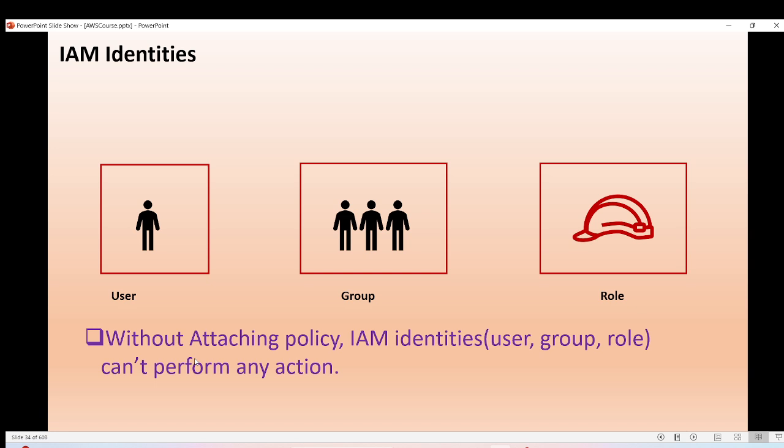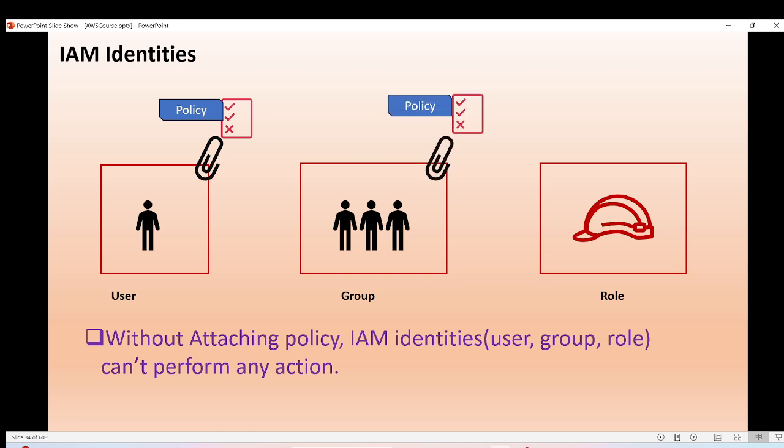Without attaching a policy, IAM identities, whether it is a user, a group or a role, can't perform any action. It means once you attach the policy to a user, role or group, only then can they perform any action. So this is all about IAM identities and root users.